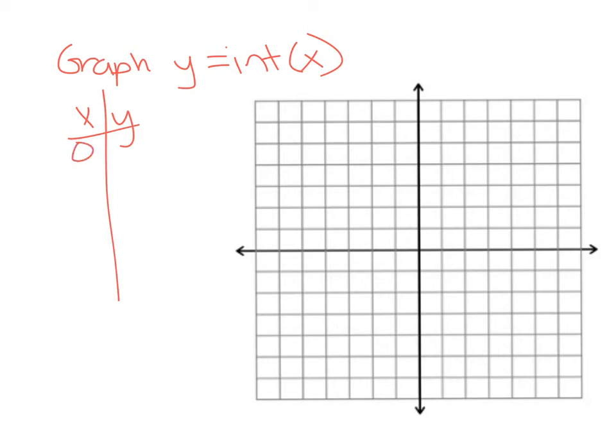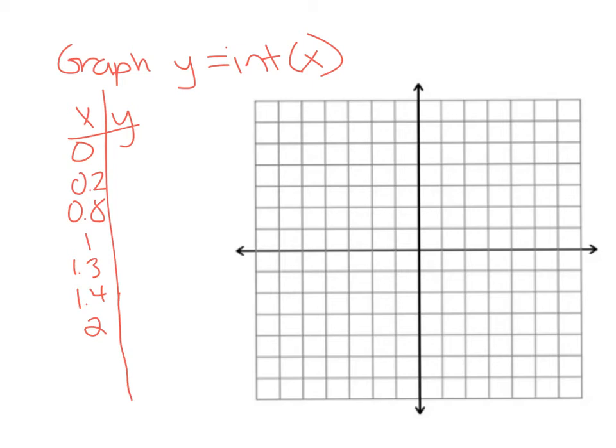So let's try 0, maybe 0.2, 0.8. We'll do 1, we'll do 1.3, 1.4, and then we'll do 2.